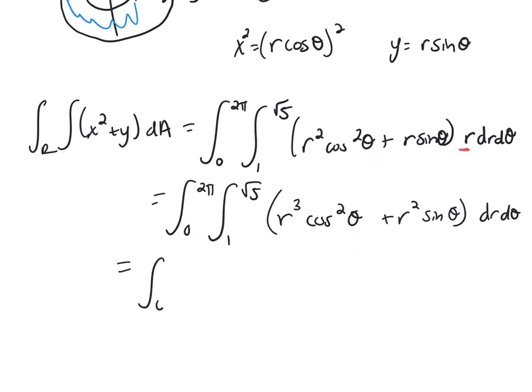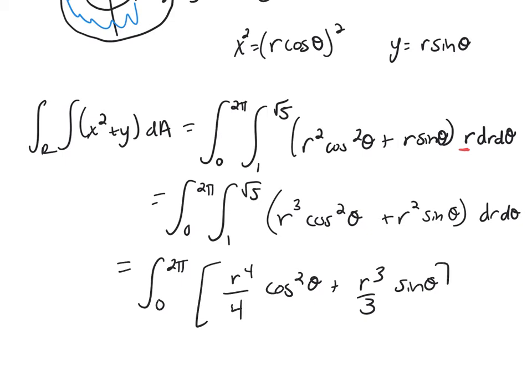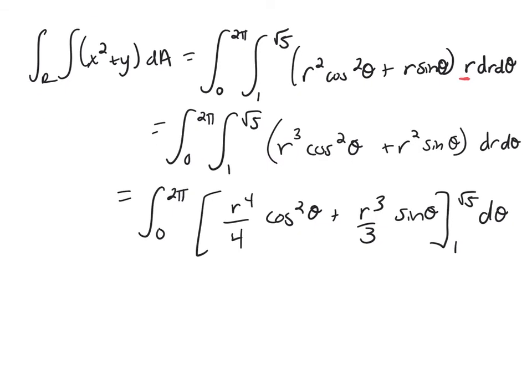I'm first integrating with respect to r. So I'm going to get r to the 4th over 4 cosine squared theta plus r cubed over 3 sine theta. So here I'm going to get the integral from 0 to 2 pi.